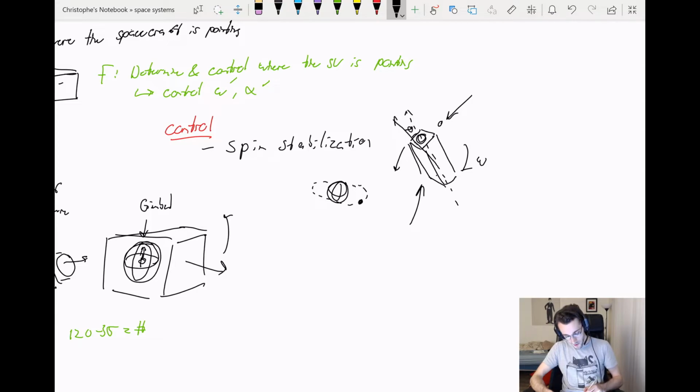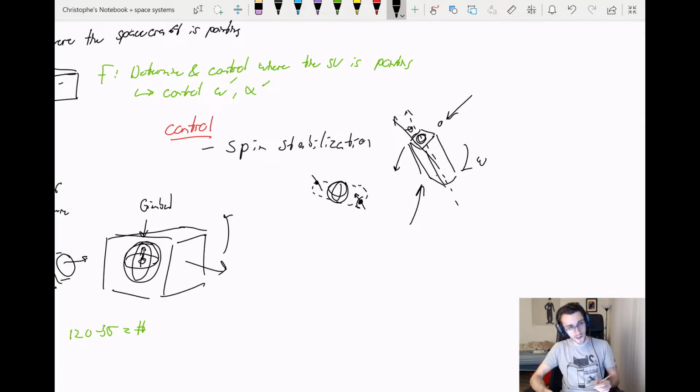The thing is, if you maintain one attitude, you'd be spinning along that axis, and the direction you're looking along that axis is going to be maintained regardless of where you are in your orbit.